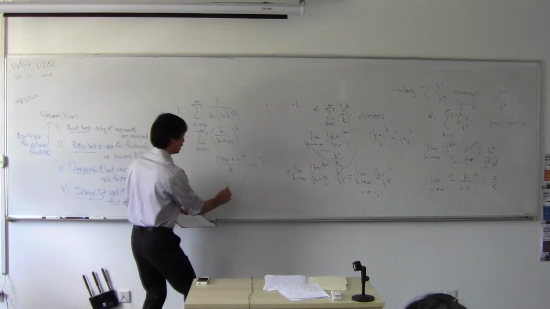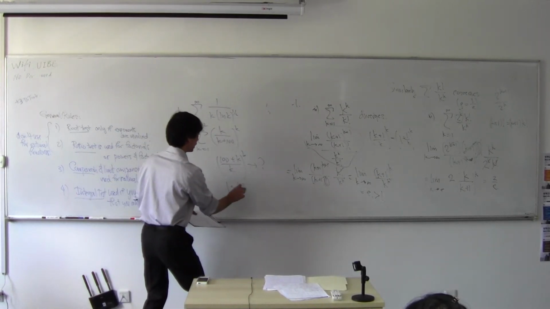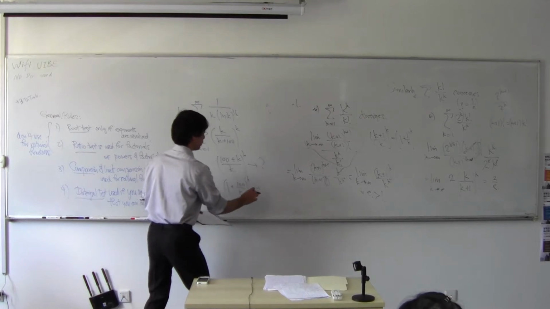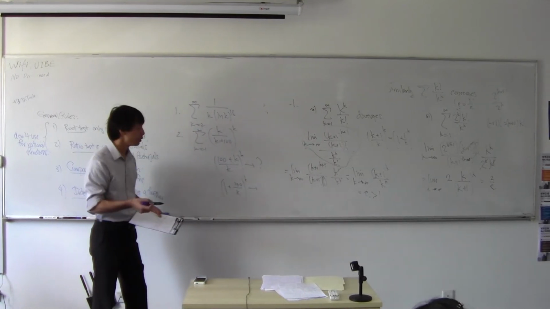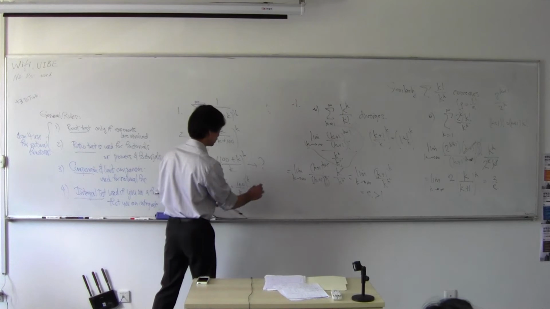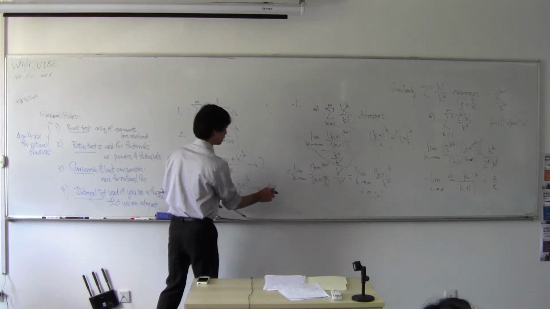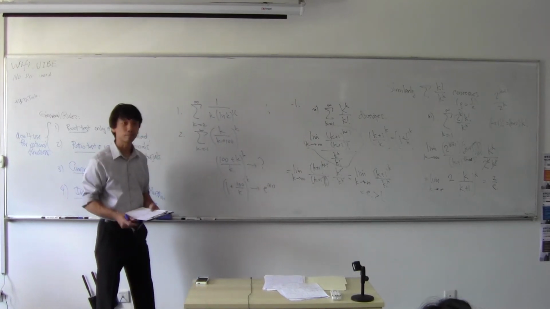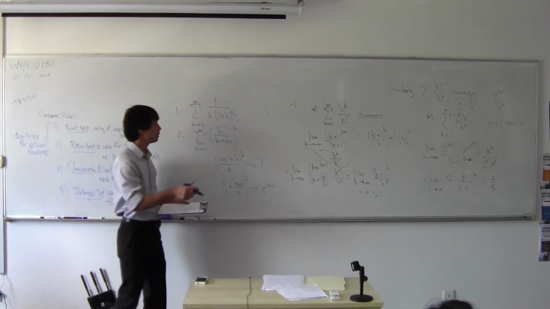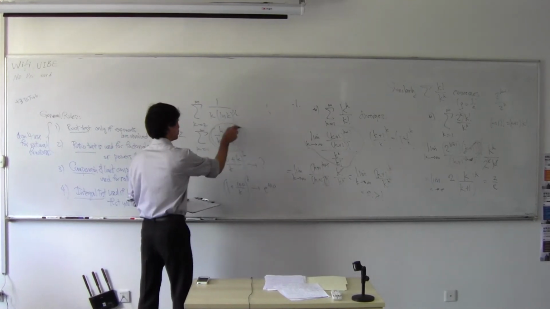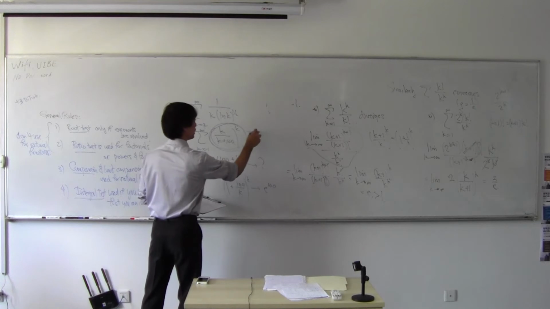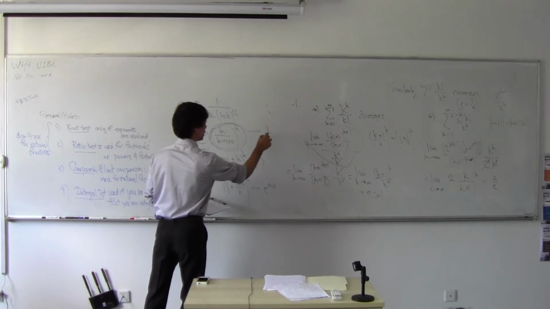You're going to get 1 plus 100 over k to the k, and as k goes to infinity, that turns into e to the 100. So these terms eventually turn into 1 over e to the 100.